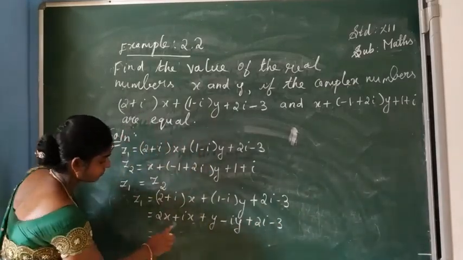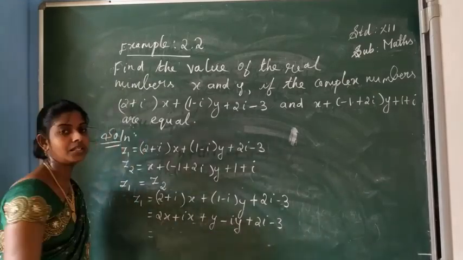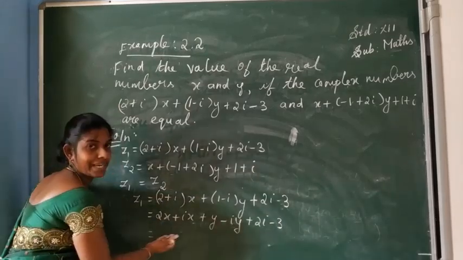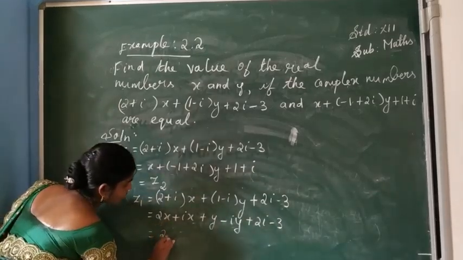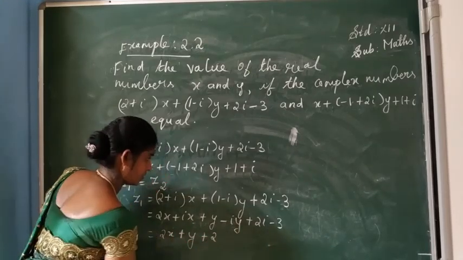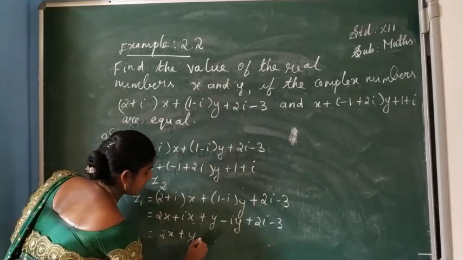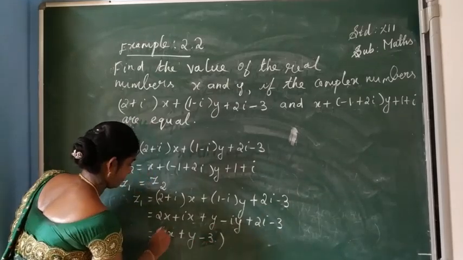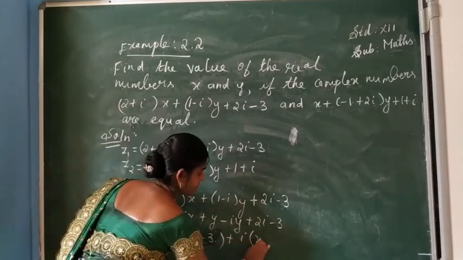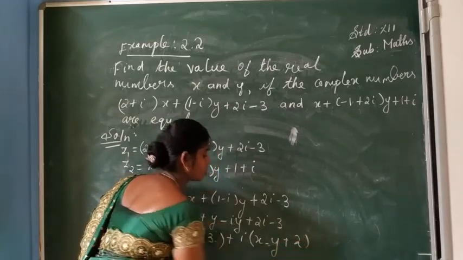We can combine the real part and imaginary part together. First we combine the real part: 2x plus y plus 2 minus 3, plus i into x minus y plus 2.